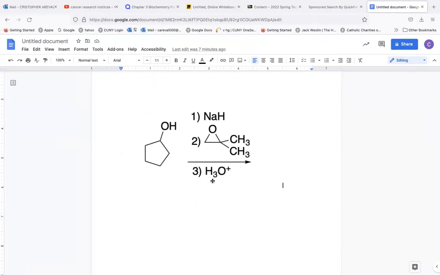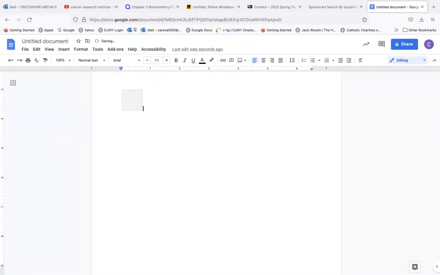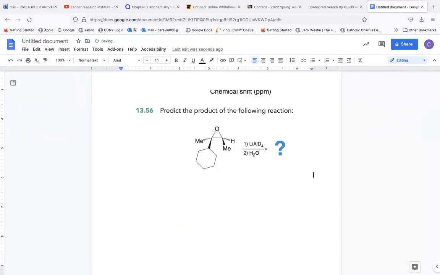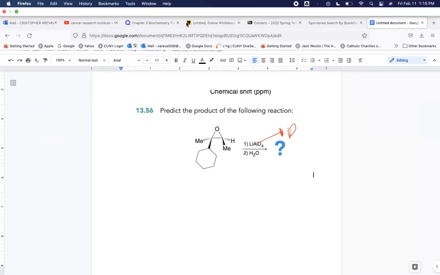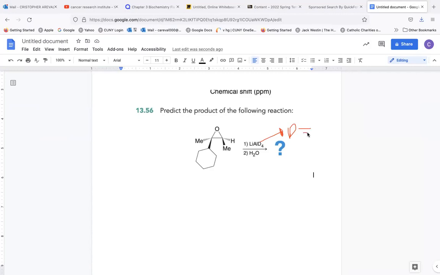56. Good problem. Predict the product of the following reaction. What is D? What does that mean? Does anyone know? So earlier, right?